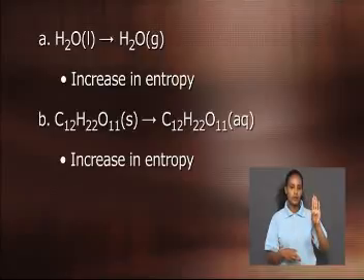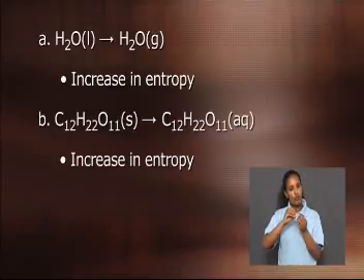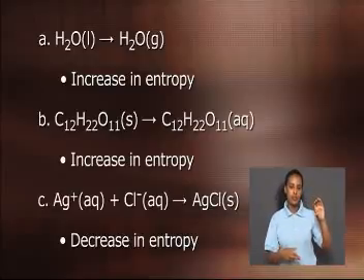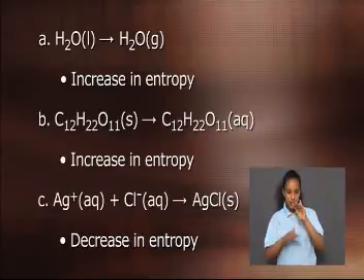Reaction B also leads to an increase in entropy. Reaction C leads to a decrease in entropy. Did your answers match those? If so, great work. If not, review your notes and ask your teacher for help if you need it.